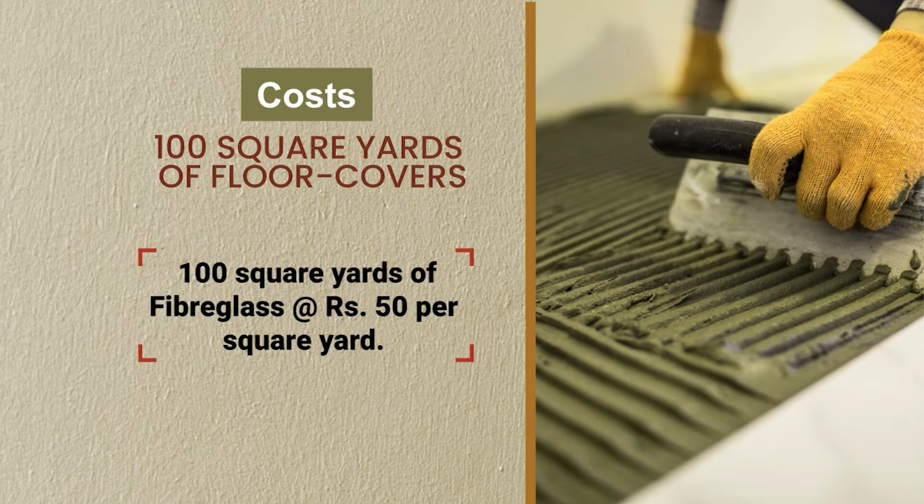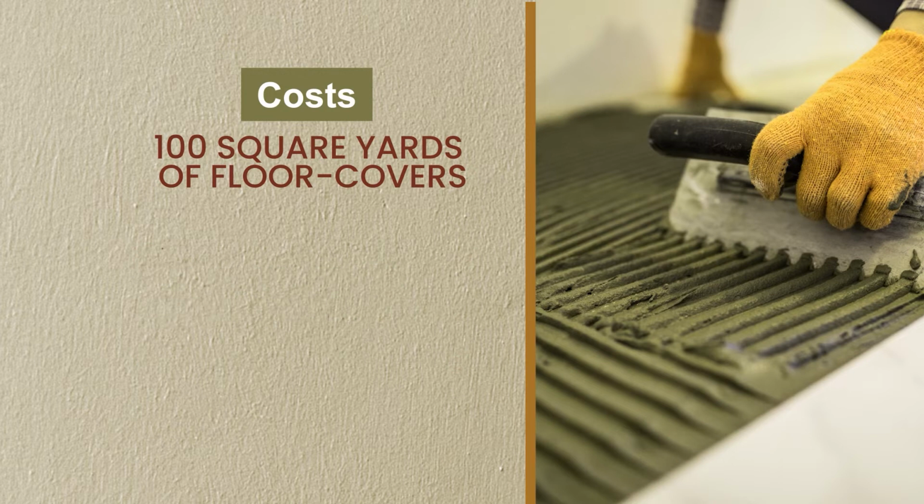All right. And then for every 100 square yards, you also require 60 rupees of adhesive. So per square yard, it will be 60 paisa. Adhesive rupees 60 for 100 square yards.